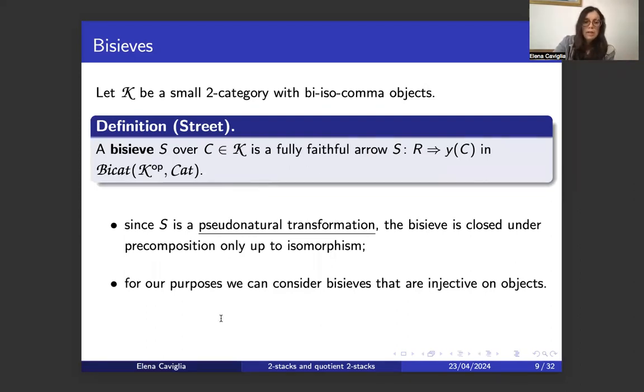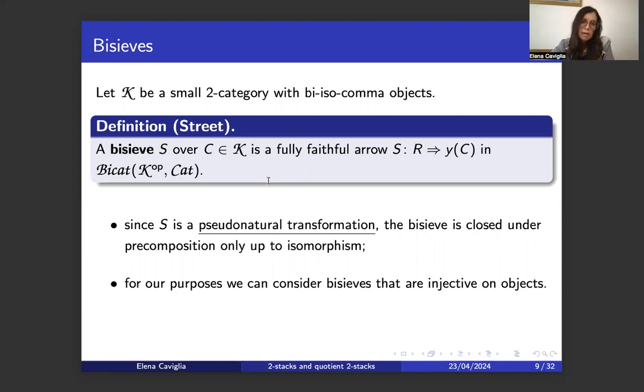And we are lucky because we can only consider bi-sieves that are injective on objects, since every bi-sieve is somehow equivalent to one that is injective on objects. And for our purposes, it is enough to consider the ones injective on objects. So we will always take this hypothesis that we have bi-sieves injective on objects, and so we will be able to freely speak about a morphism in the bi-sieve, also in this 2-dimensional context.